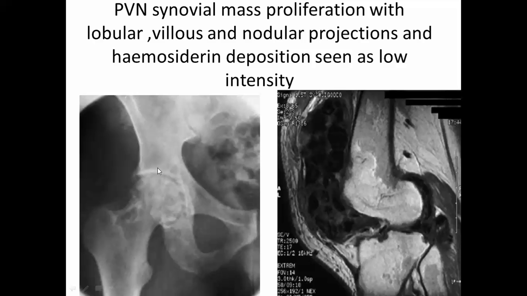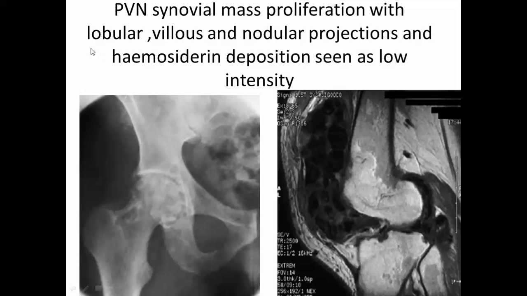And in the plain film, we were diagnosing this before the use of MRI as cystic changes on the opposing surfaces of the big joints, with some reaction around and soft tissue swelling. We're diagnosing pigmented villonodular synovitis this way.